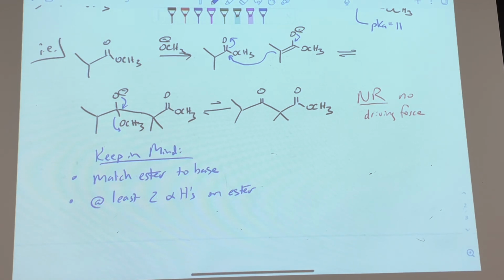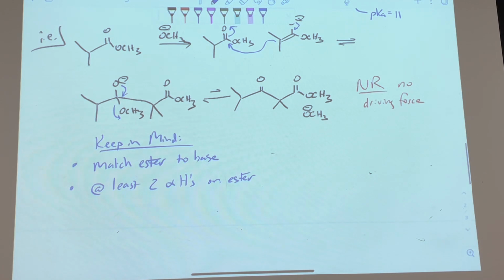Otherwise you end up in a situation like we did right here, where there is no alpha proton to abstract, and thus there is no driving force. Lastly, you always have to have a step 2 H+. You always have to acidify in the end.